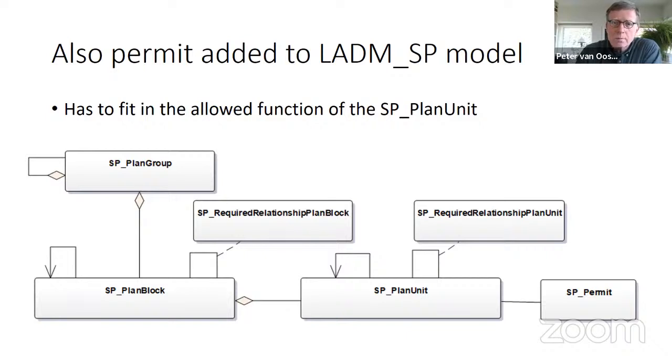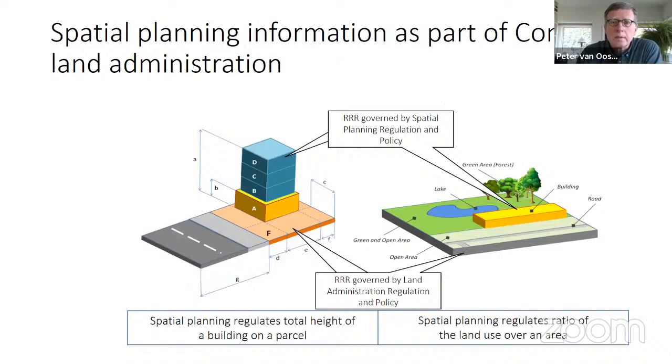So this is the model that was developed and now included as part number 5. And now, having all these parts together, you could say that we really provide a complete land administration.